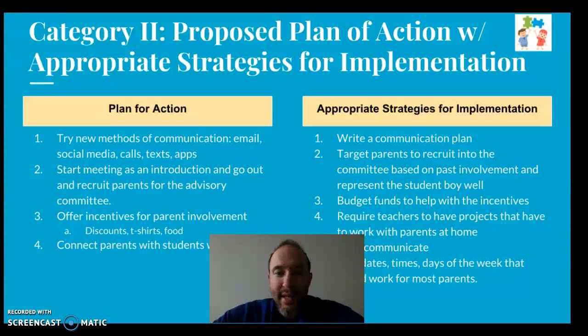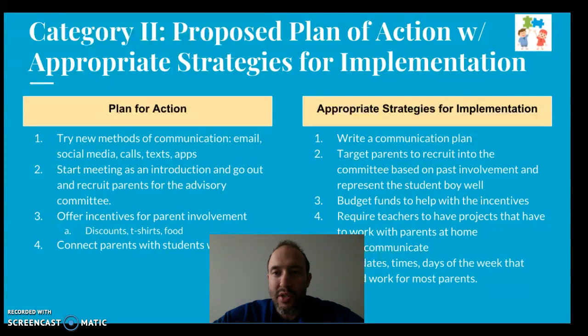Number 3, now this one costs money, which we know in education we can be hurting for money sometimes, but if we want to get this thing going, I think it's worth a little bit of an investment. So offer discounts to athletic or performance arts or different events like that if they're part of a parent group.